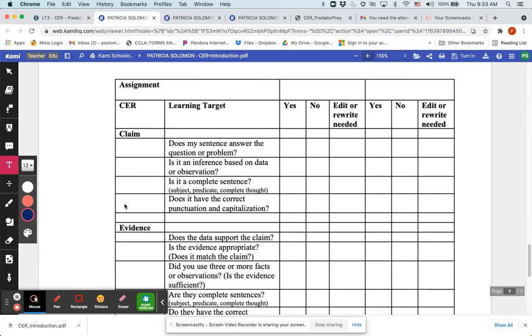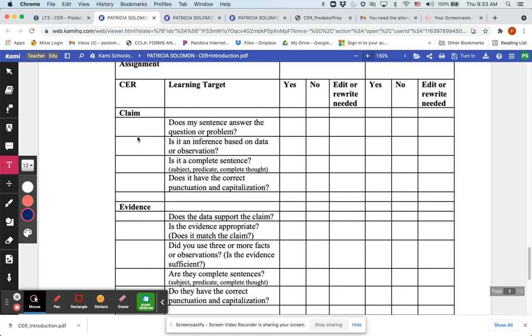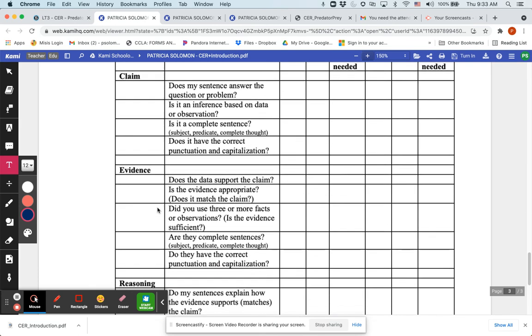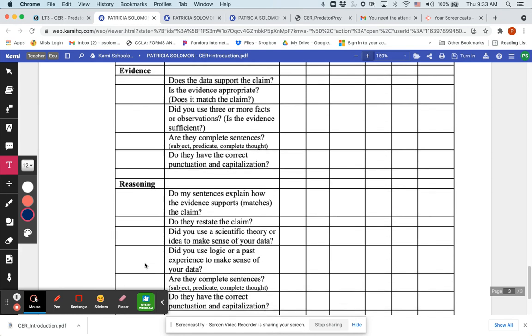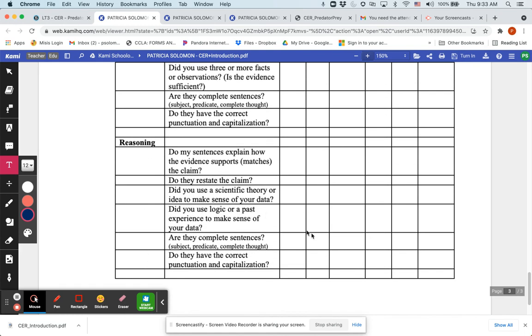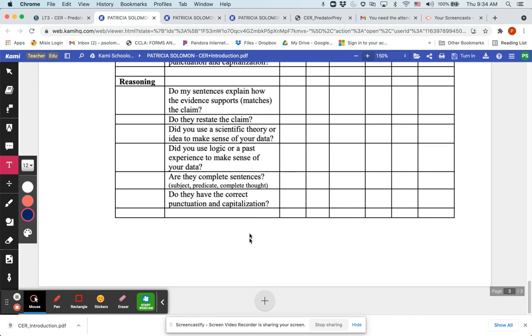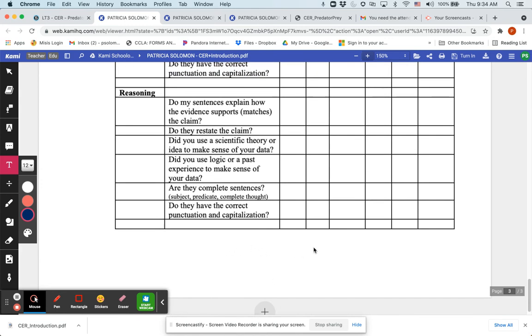Read your CER a couple of times. First go to the claim, then go to the evidence, and go to the reasoning. These 3 parts should be together as a whole, but also they should be easy to identify as individual parts.